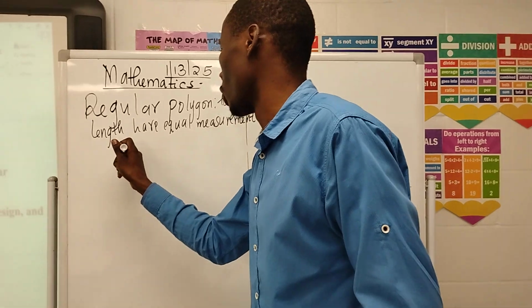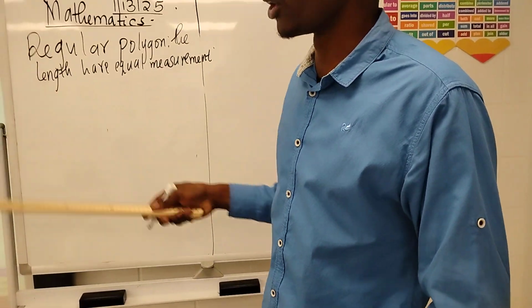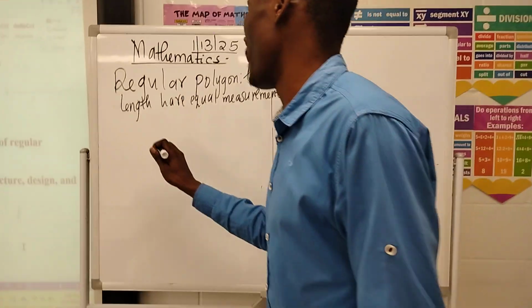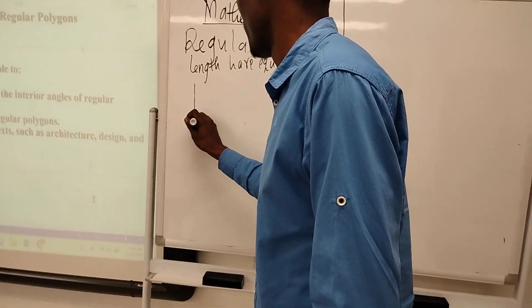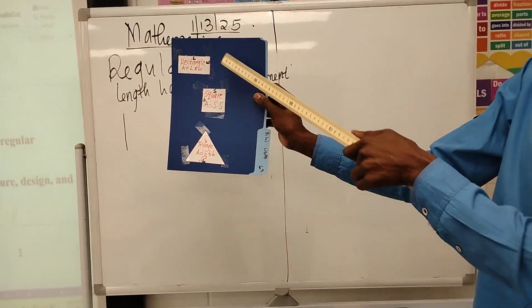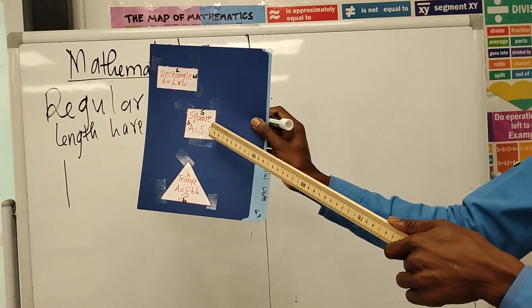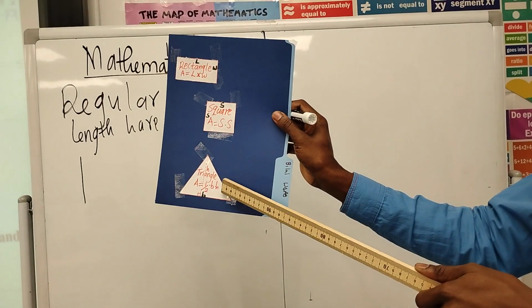What are some of the common regular polygons that we know? An example is a square. That is the shape of a square. I have a rectangle, and a triangle there.